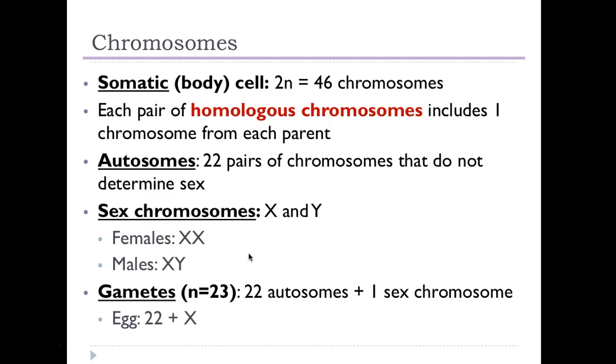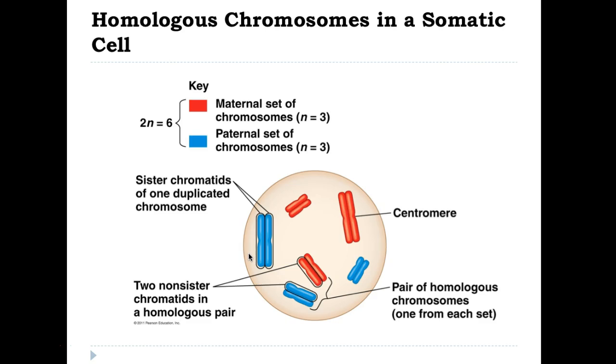An example would be 22 plus X. If you look at a sperm, it would be 22 plus X or 22 plus Y. So the female egg always carries the X sex chromosome. It's the male sperm that will carry either the X sex chromosome or the Y sex chromosome, ultimately determining the gender of the child.